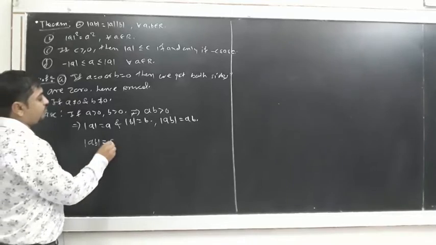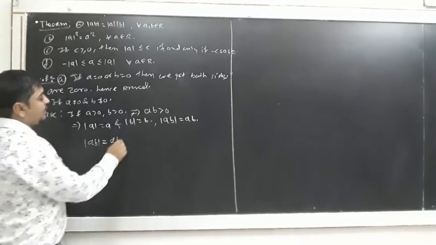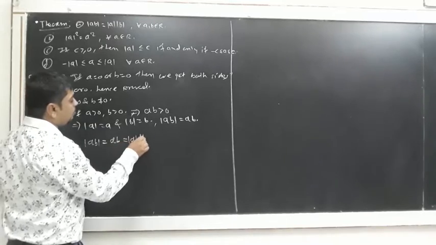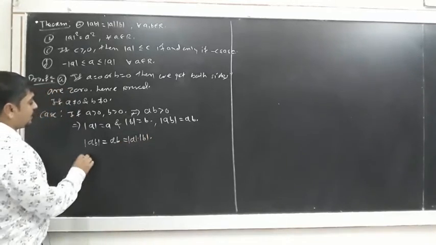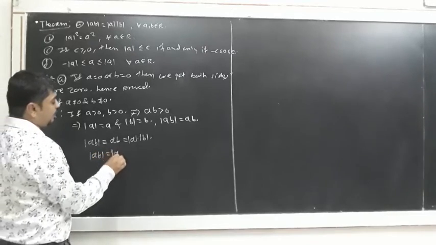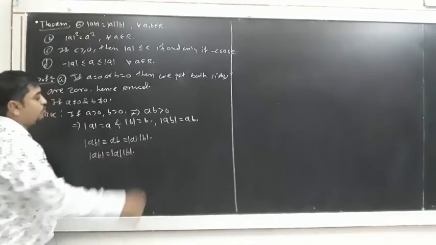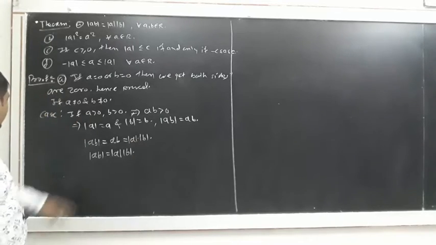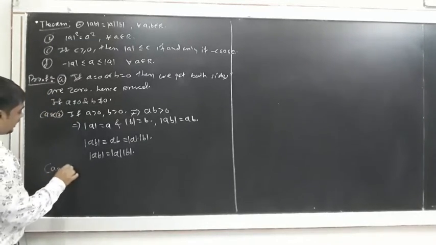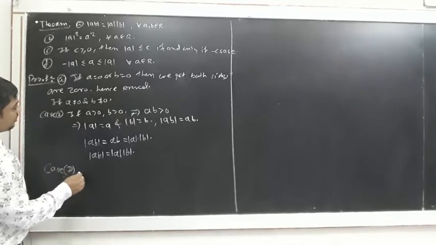Therefore mod of AB is equal to AB, and you can write it in the form of mod A into mod B. So we get our first proof, that is, mod of AB is equal to mod A into mod B, for both positive. This is the first case.